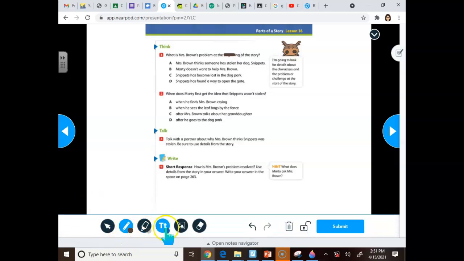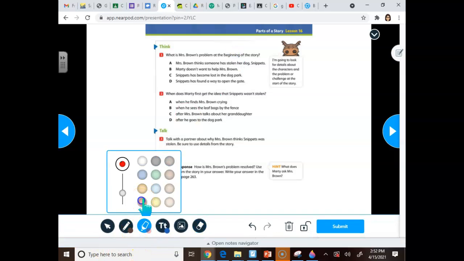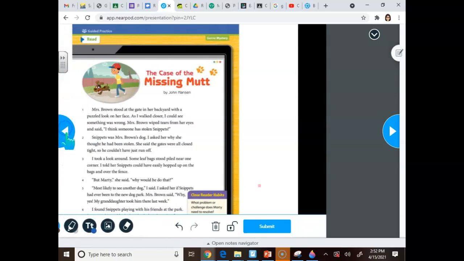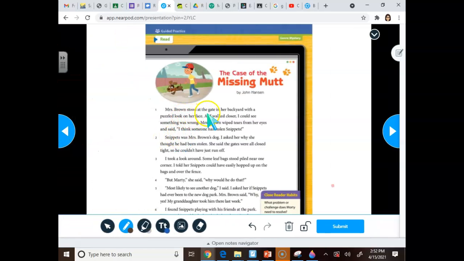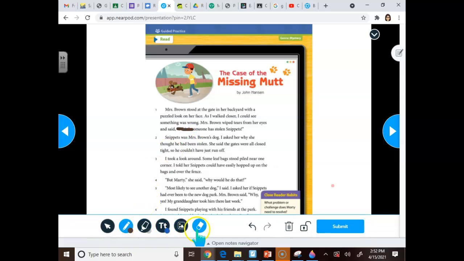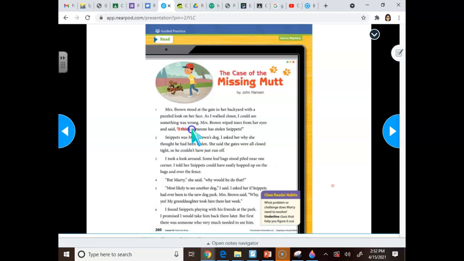All right, so we're at the beginning of the story. So at the beginning, we have Mrs. Brown say, I think someone has stolen Snippets.